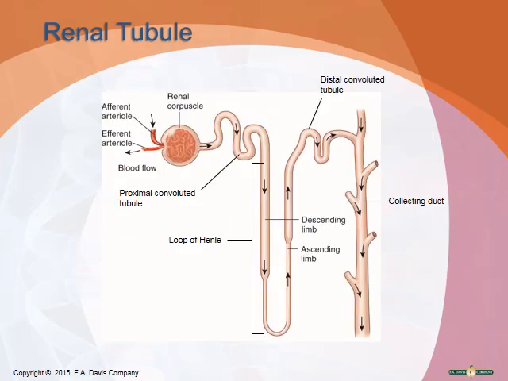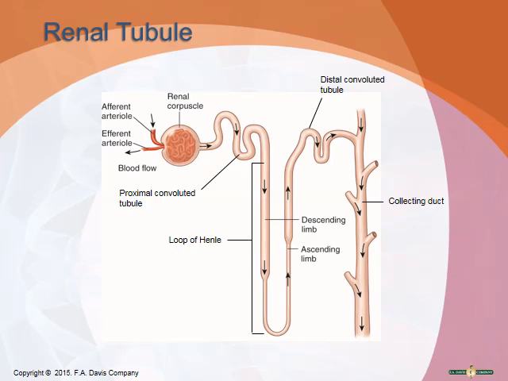Here we go. The renal tubule is the second part. So just like you needed to know the blood flow through the kidney, you need to know the filtrate flow through the nephron. So we had, for blood flow, afferent to glomerulus to efferent to peritubular capillaries to venules, veins, and out.